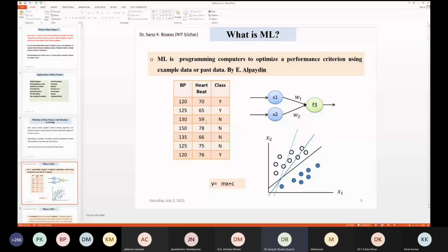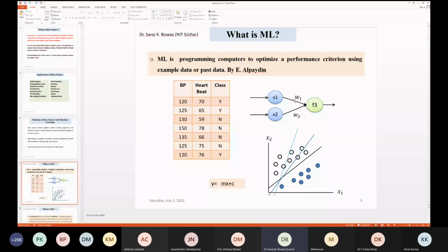Here we put the values for the first observation, and then we can see the output. Now the question: what can be the values of these W1, W2? These are the weights. These are called model parameters. Whenever we talk about any machine learning algorithm, each and every one must have some kind of model parameters.